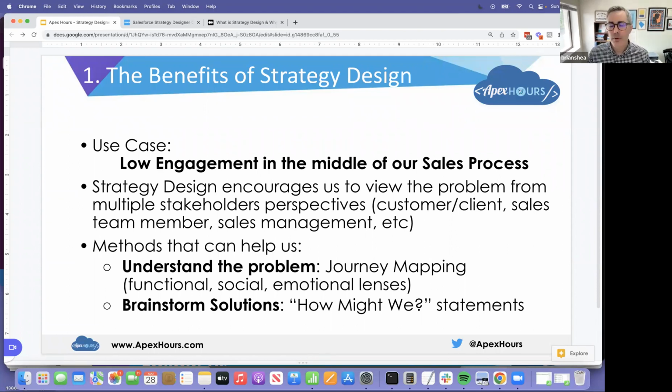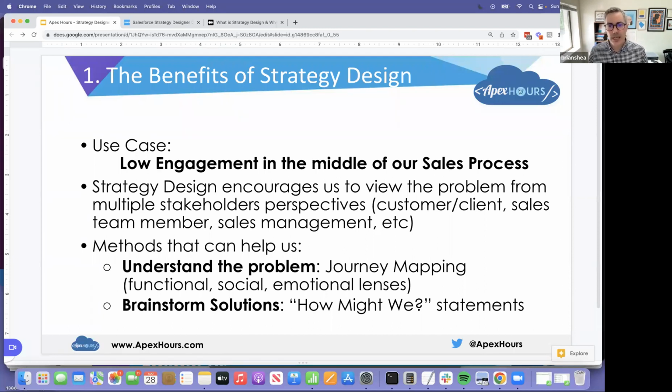So when we talked about journey mapping, a lot of folks on the call said, journey mapping sounds a lot like business process diagramming that we're already familiar with. And there's definitely overlap between journey mapping and some of the business process mapping concepts that you're already familiar with.